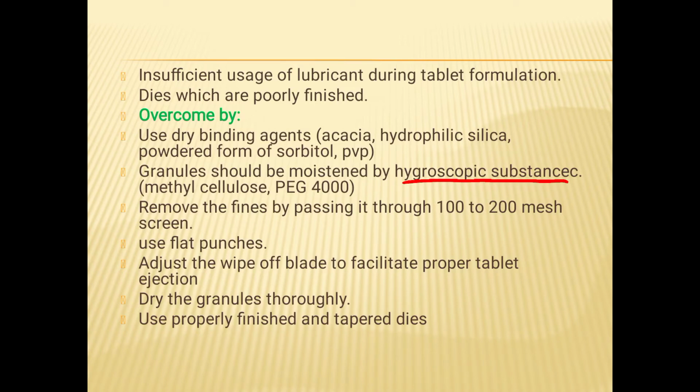Remove the fines by passing them through a 100 to 200 mesh screen, and also use flat punches. Adjust the wipe of blade to facilitate proper tablet ejection. Dry the granules thoroughly and use properly finished and tapped dies.